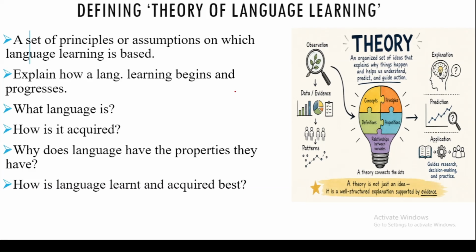Theory of language learning explains how language learning begins and progresses. It addresses the following questions: what language is, how it is acquired, why language has the properties it has, and how language is learned and acquired best.